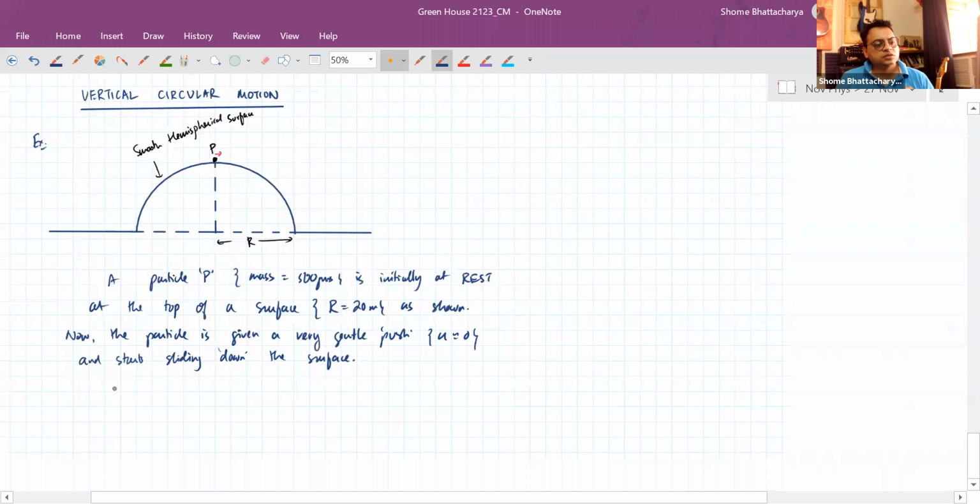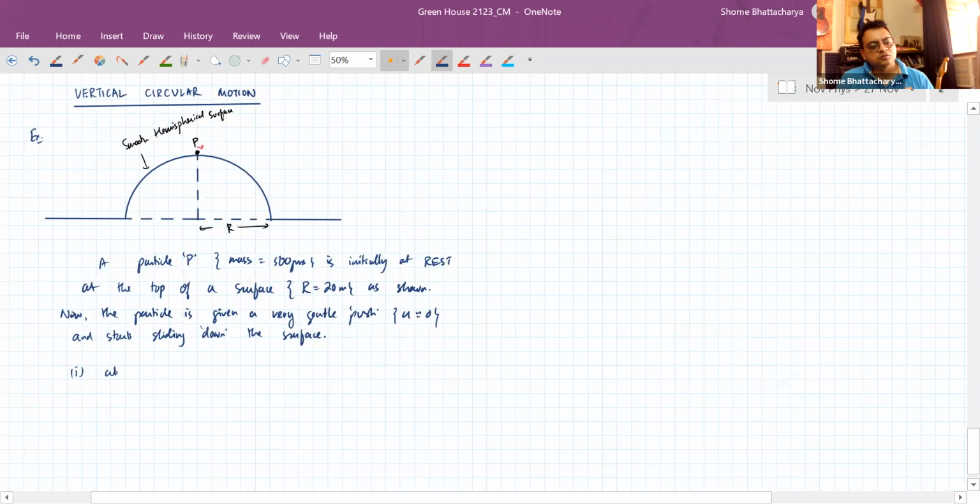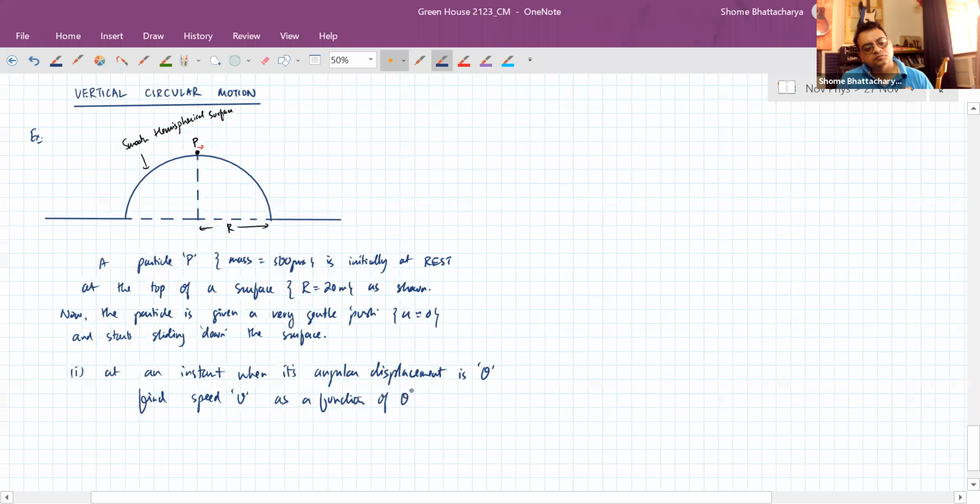So now what we want to do is, at an instant when its angular displacement from the initial position is theta, find the speed and normal reaction as a function of theta.